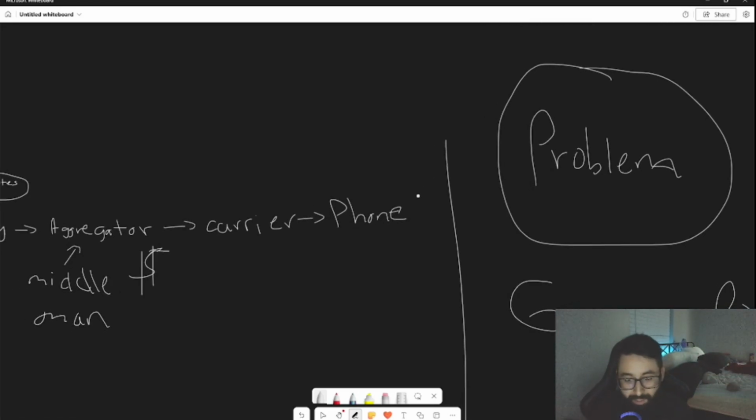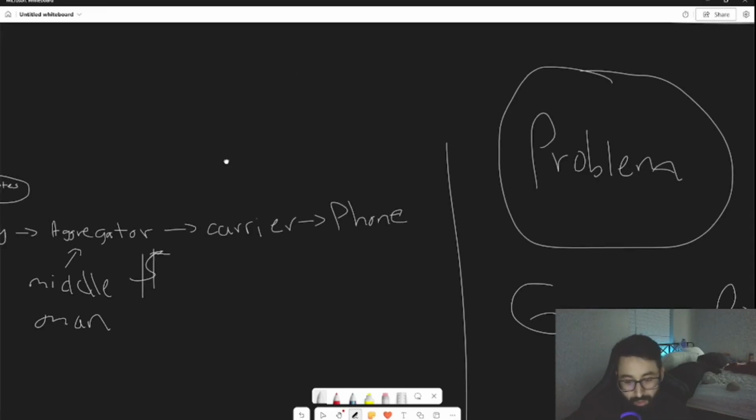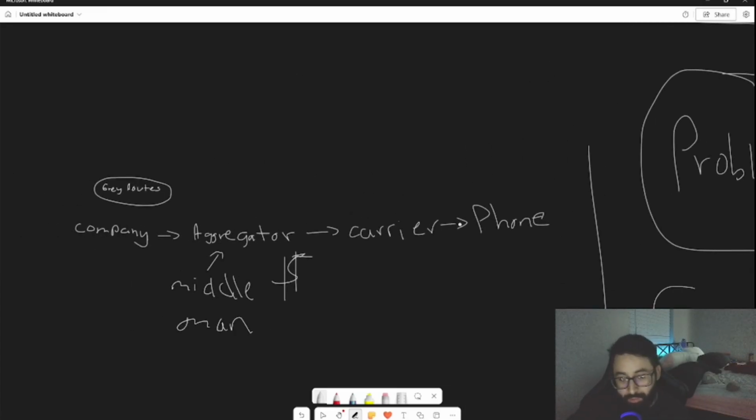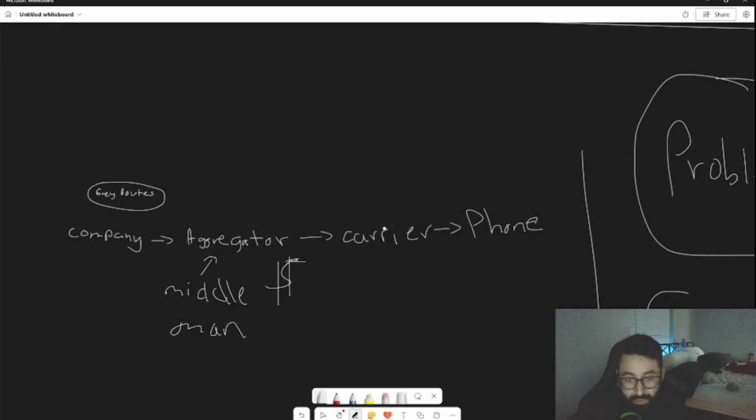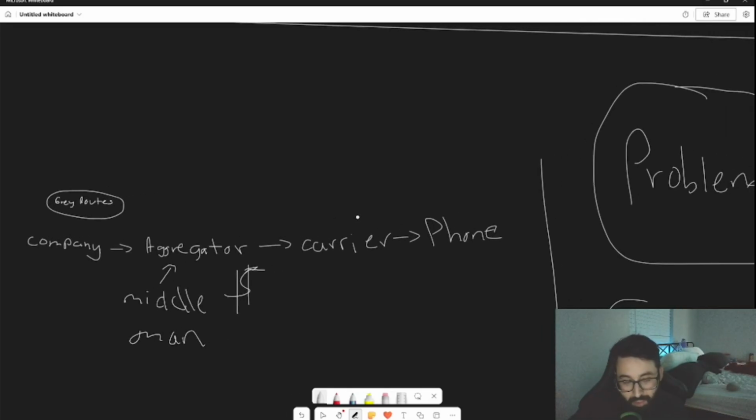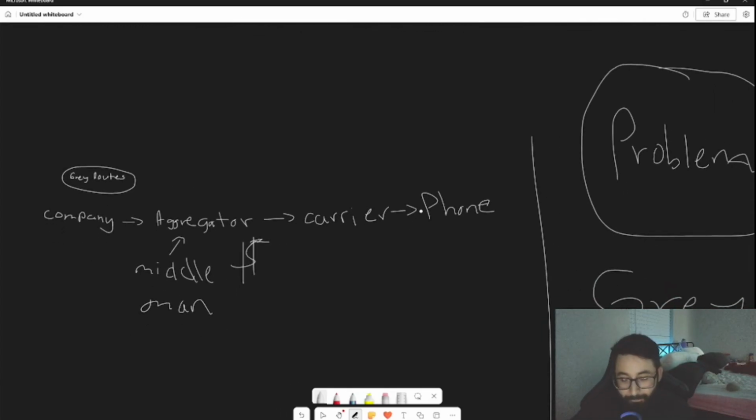Normally, let's say Google or a bank sends a text message somewhere. It goes through the chain, right? The company pays the aggregator, then the aggregator pays the carrier, and then the carrier delivers it to your phone. Each one of these steps costs money, depending on the country. So that's basically the starting point.